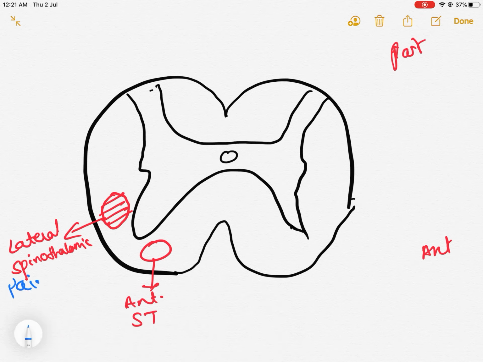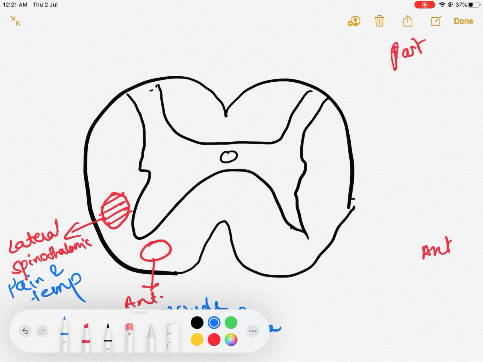Anterior spinothalamic tract is for crude touch and pressure. So these are the first two important tracts. Just see the location. They are located anteriorly, just lateral to the anterior horn cell is the lateral spinothalamic tract, anterior to the anterior horn cells is the anterior spinothalamic tract.